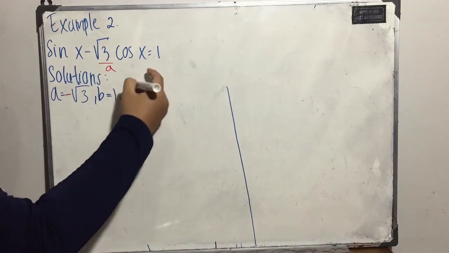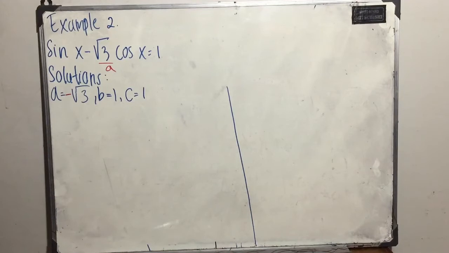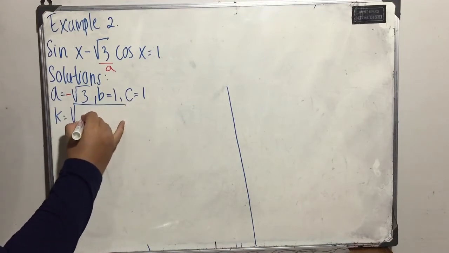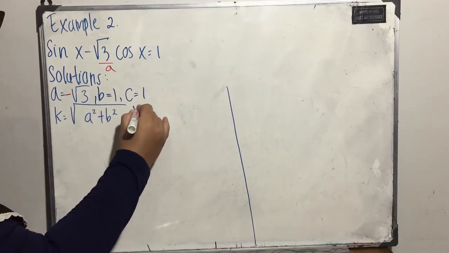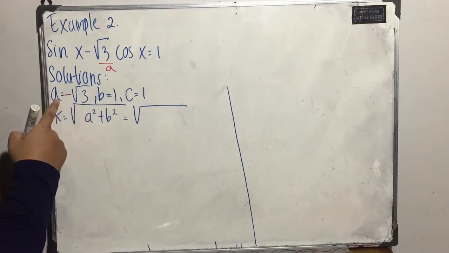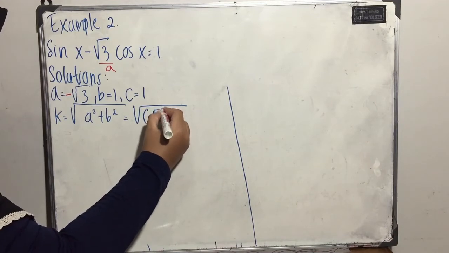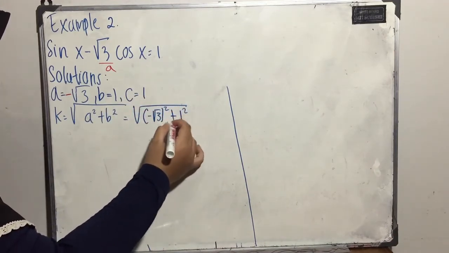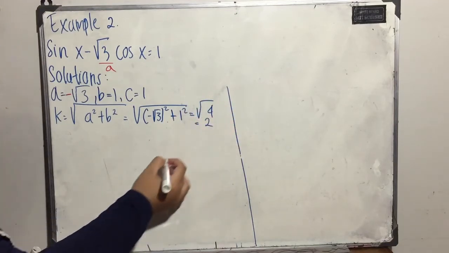So we have c is equal 1. Now we can continue to find the k. K is square root of a square plus b square equal, okay, a square, a is minus square root of 3, so we can open bracket square plus b is 1 square. Okay, from here we get the square root of 4 is that the meaning 2, everyone.